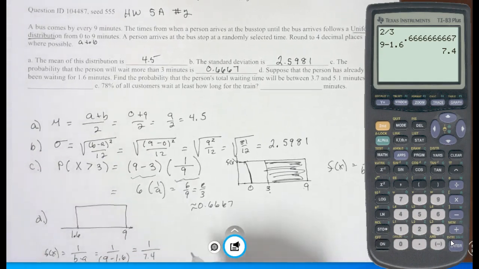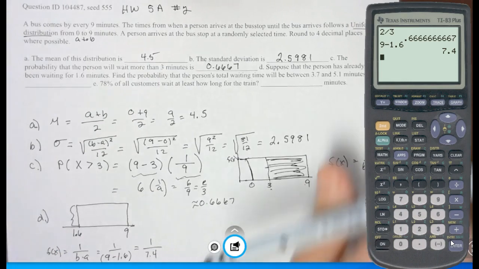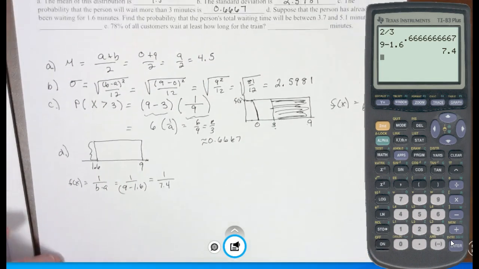Okay, so that changes our height for this particular function. Let's see if we can move this down a little bit so we can see a little more. There we go.